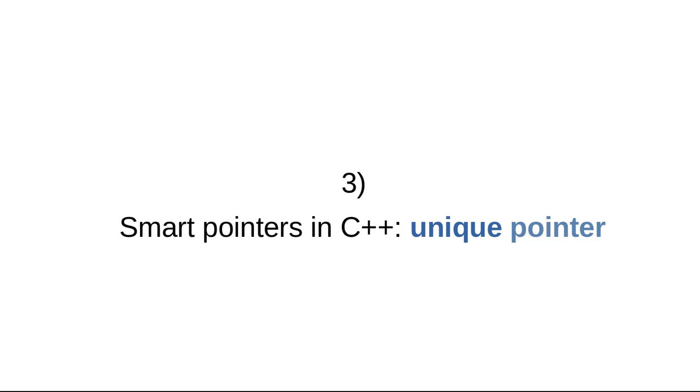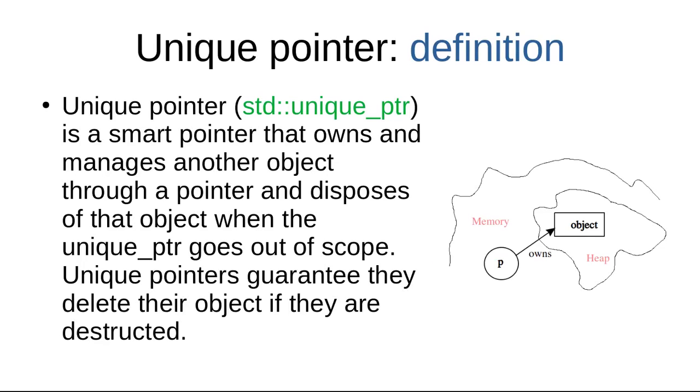The second type of smart pointer is the unique pointer. Definition. Unique pointer is a smart pointer that owns and manages another object through a pointer and disposes of that object when the unique pointer goes out of scope. Unique pointers guarantee they delete their object if they are destructed.